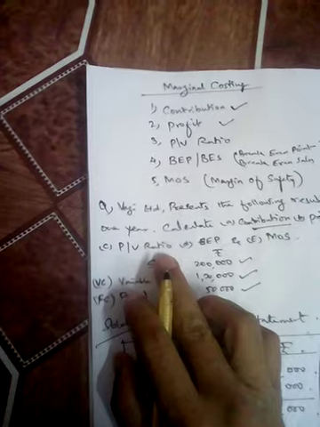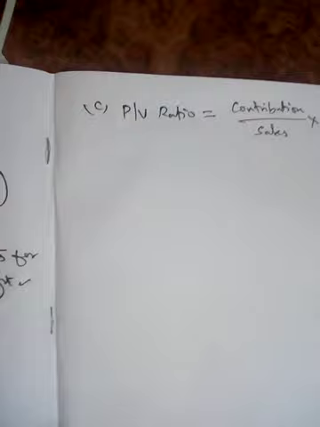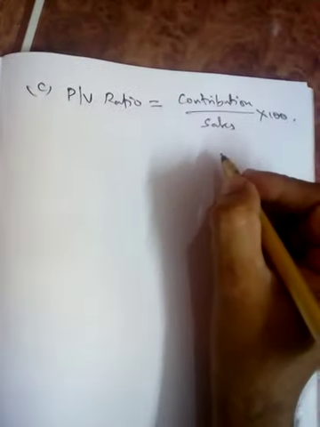Now move on to the third one, that is PV ratio, that is profit volume ratio. Here you must remember a certain formula for PV ratio, that is contribution divided by sales into 100. So this is the formula, contribution divided by sales into 100.